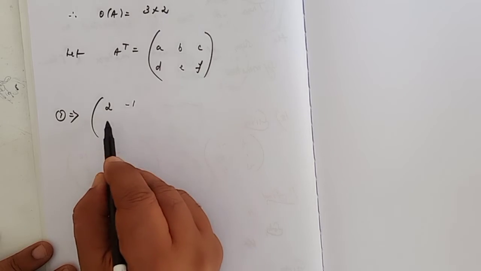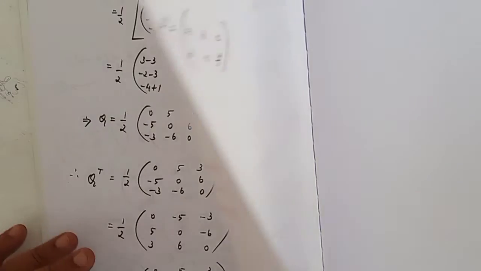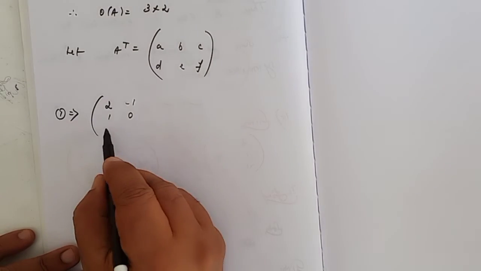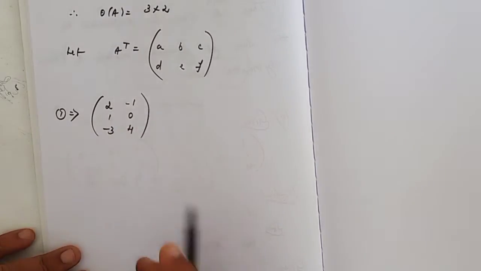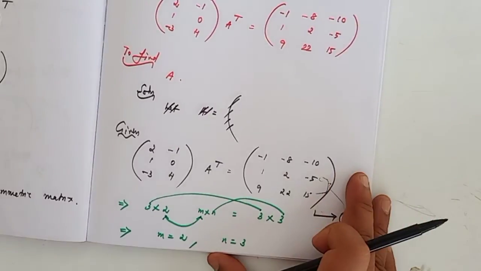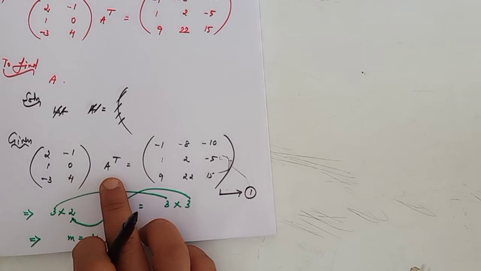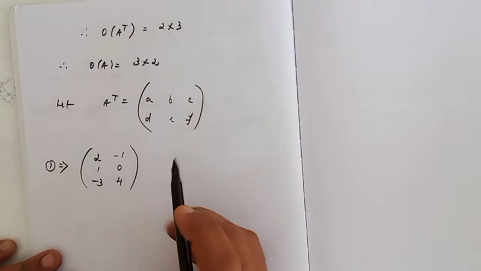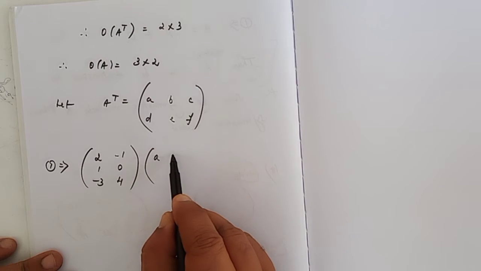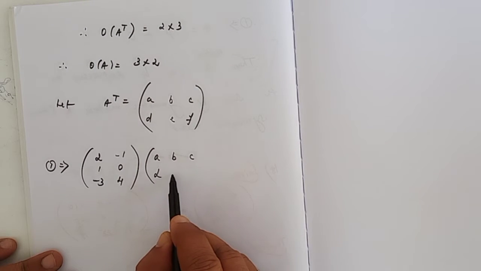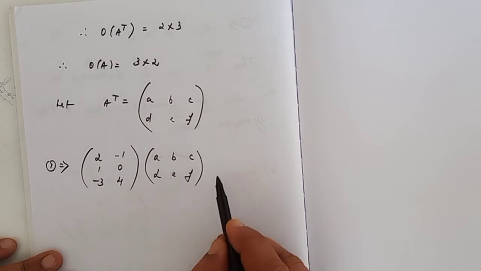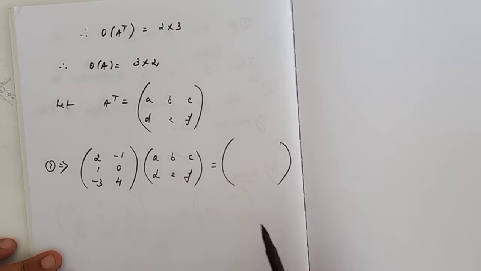2 minus 1 1, 0 minus 3 4, into what is here? A transpose. This A transpose we considered as A, B, C, D, E, F. That is equal to, what is the resultant matrix here?